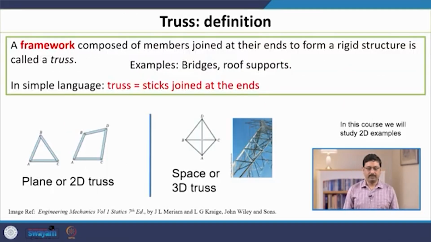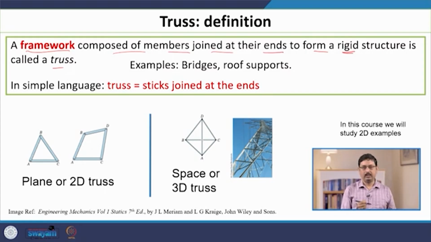So, let us define more precisely what a truss is. Truss is a framework. Framework means like these beams which are connected. So, it is composed of members joined at their ends to form a rigid structure. This word rigid is important, and this is called a truss.